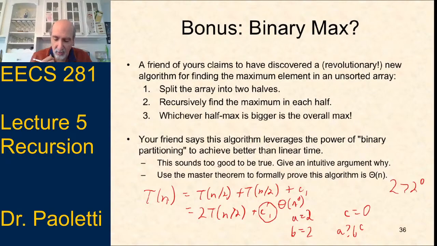If 2 is greater than 2 to the 0th, then we know it's of the form big theta of n to the log base B of A, which is big theta of n to the log base 2 of 2, which is big theta of n. So our intuition, you can't find the maximum by skipping some of them, is true.